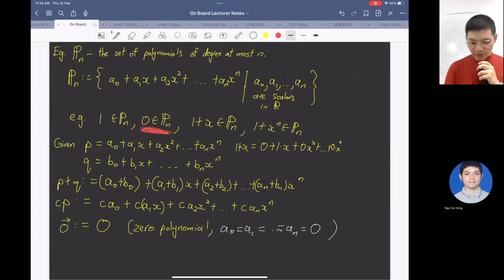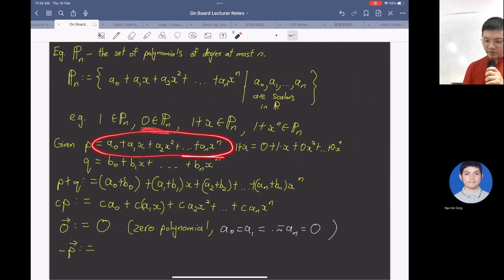How about minus p? If you have p, what is minus p? What is the polynomial that you add to the polynomial itself to get the zero polynomial? If p is this general polynomial here, what is minus p?